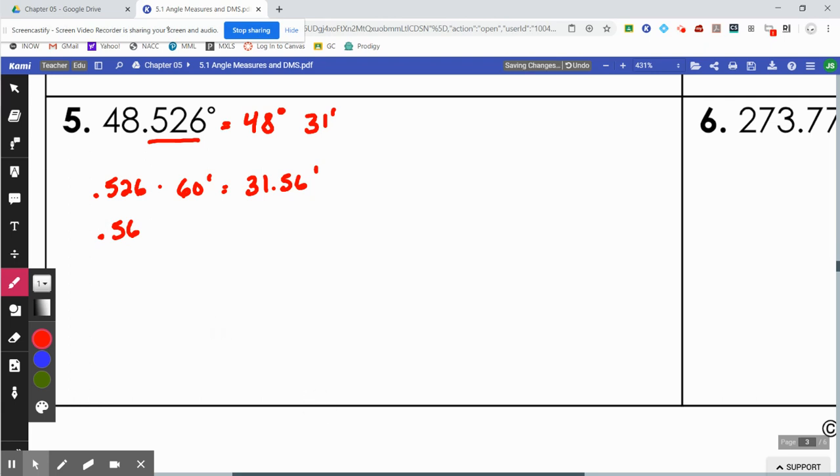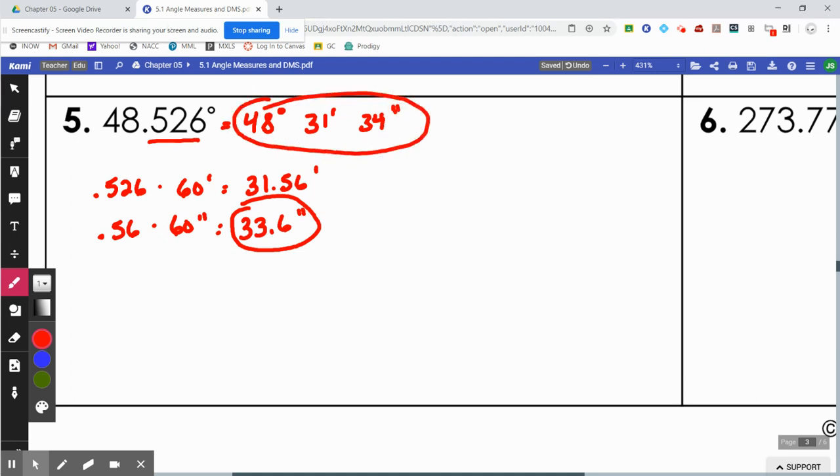So that'd be 0.56 of another minute, which is 60 seconds. 0.56 times 60 gives you 33.6 seconds. And now we're not going to go into another one. We could go into milliseconds and all that, but we're just going to take this 33.6, and you can either leave it as 33.6 or you can just round that up to about 34 seconds.